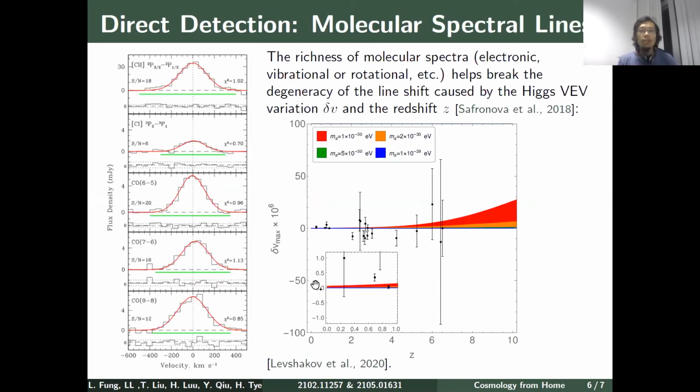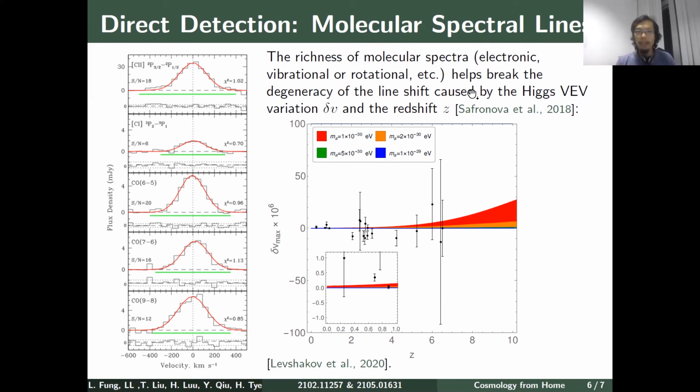We can also look for deviations in the distant past, because the axion oscillation damps itself. So the higher the z we observe, the more likely we can observe some deviation. This is possible by observing molecular spectral lines in quasars, very distant but very bright objects. We must go molecular because the different modes in a molecule, such as rotational and vibrational modes, are different from electronic transitions.